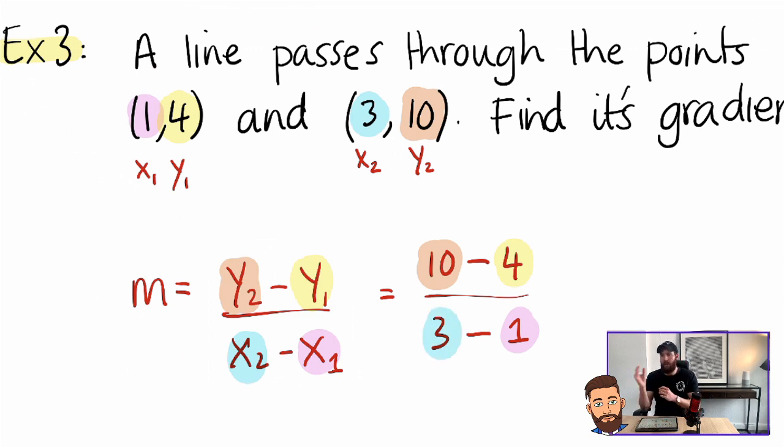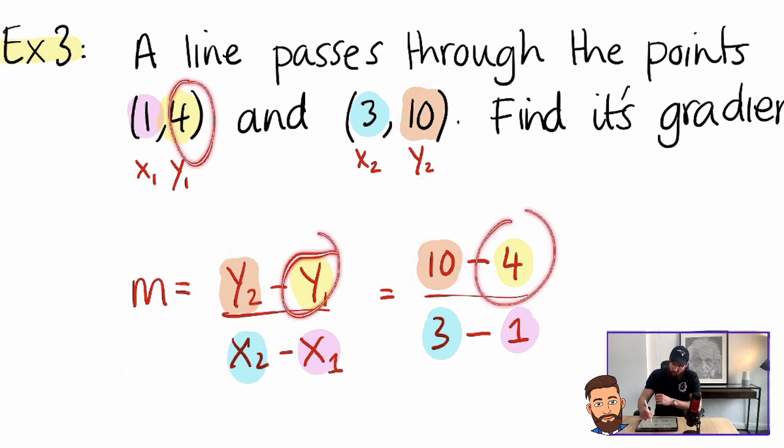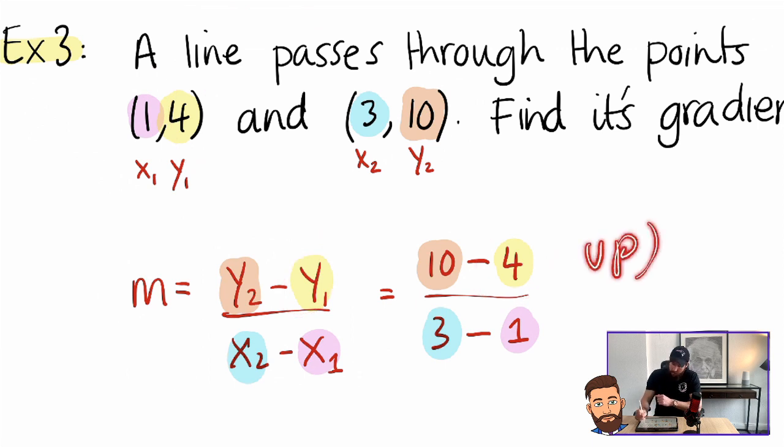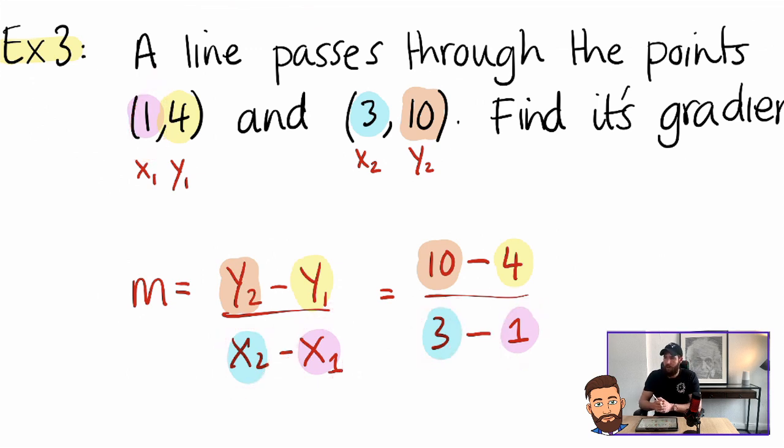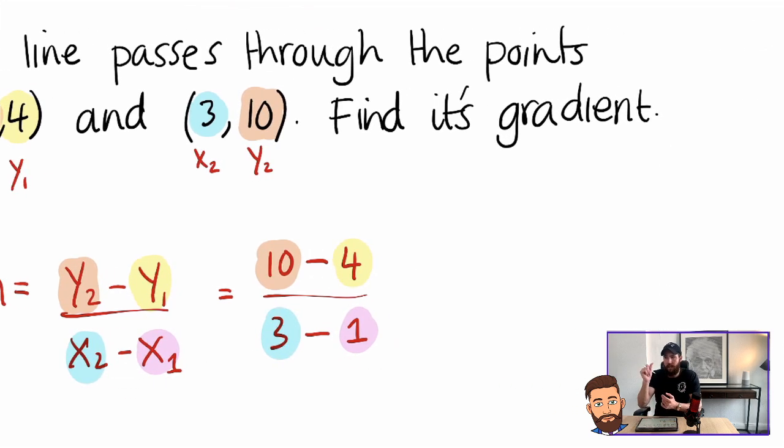We've taken the second y coordinate, which was 10, and we've minused the first y coordinate, which is 4, because that's up, remember, divided by the second x coordinate minus the first x coordinate. And if we work this out, we're just going to get given the gradient, just like that.